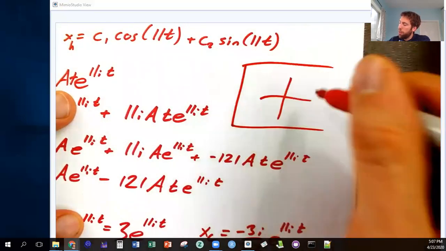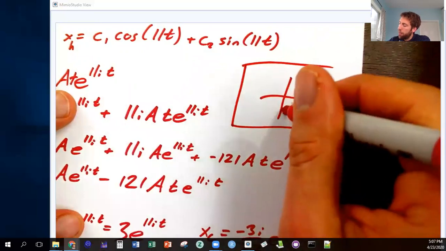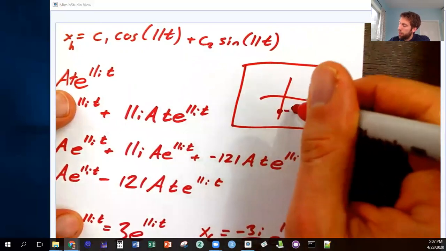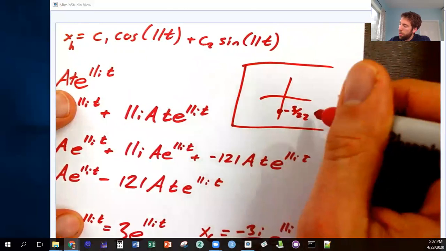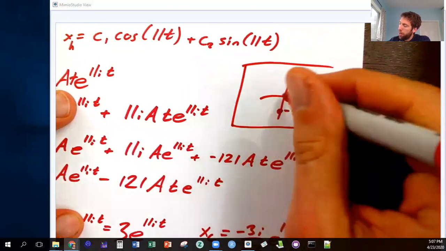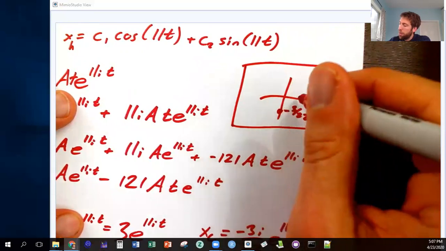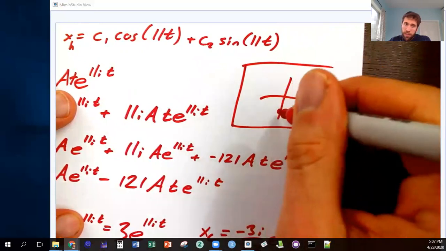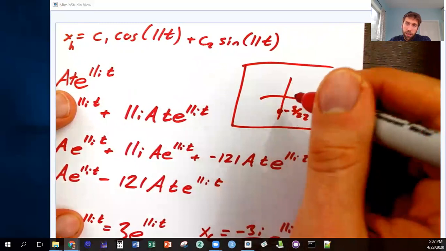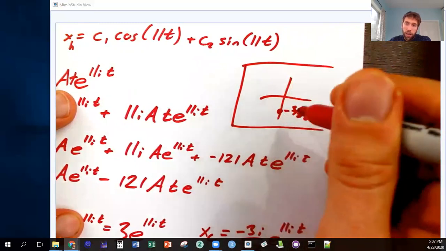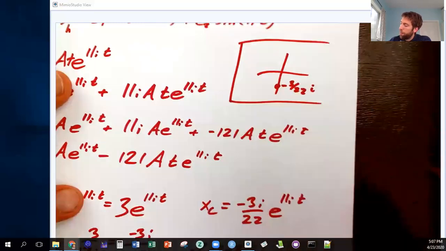So in the complex plane, A is there at negative 3/22 i. The real part is zero, it's 100% imaginary. So that means the angle is 3π/2, and the length is 3/22.